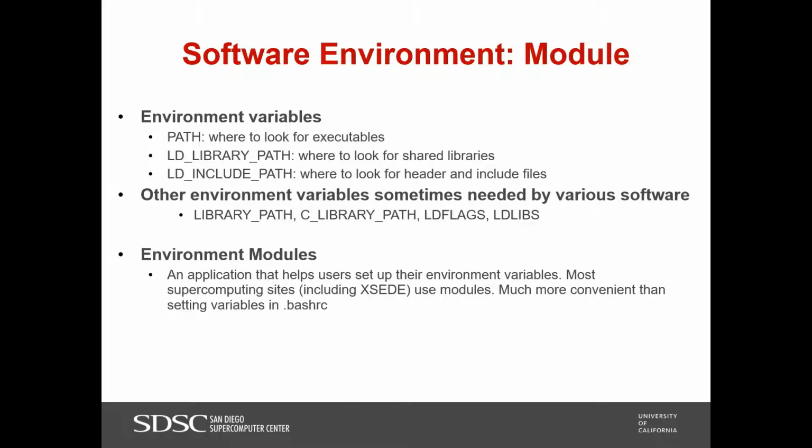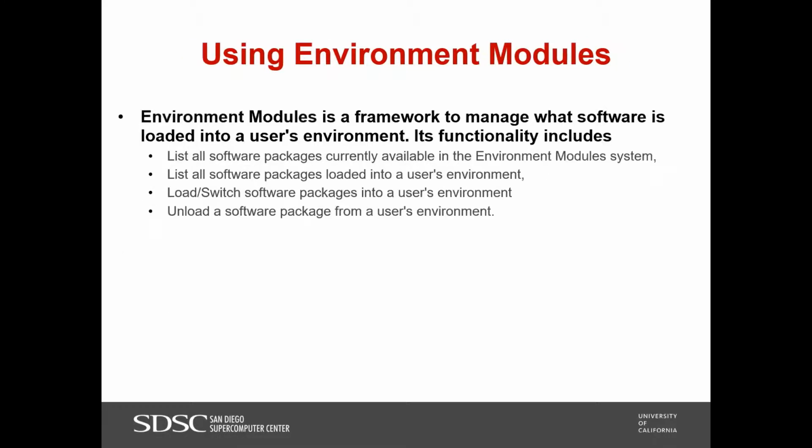Next, I'm going to introduce how to use environment modules on TSCC. Environment modules is a framework to manage what software can be loaded into your user environment. There are many functions, which I listed here, so let's look at them one by one.